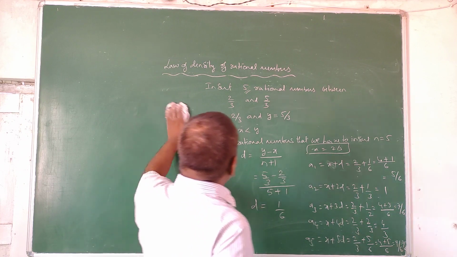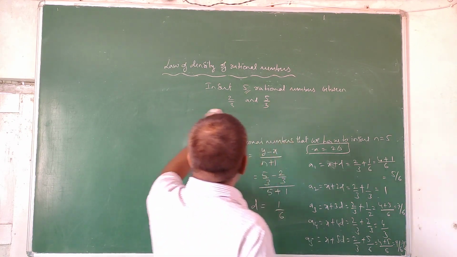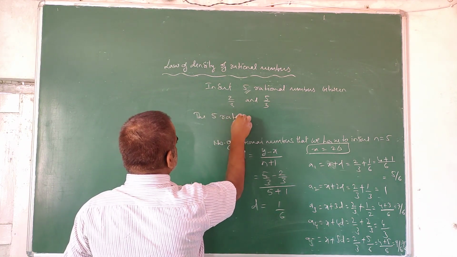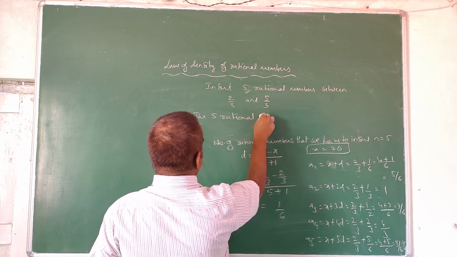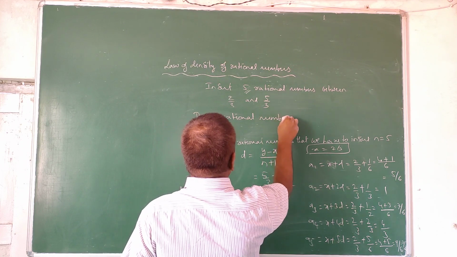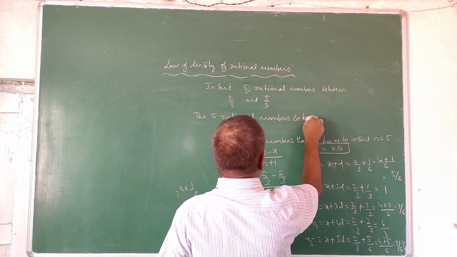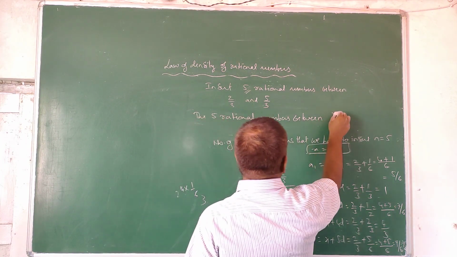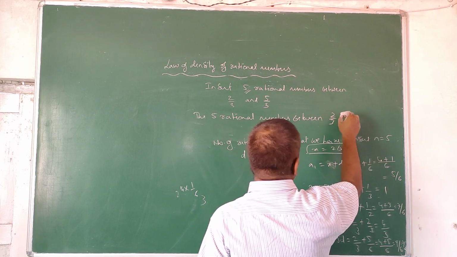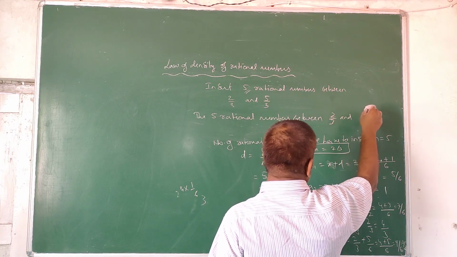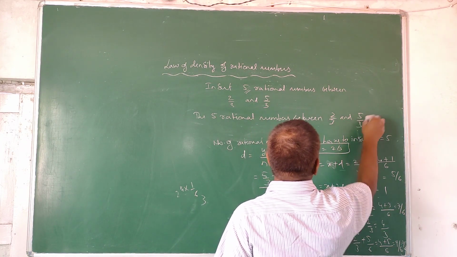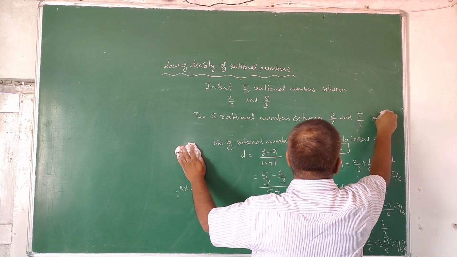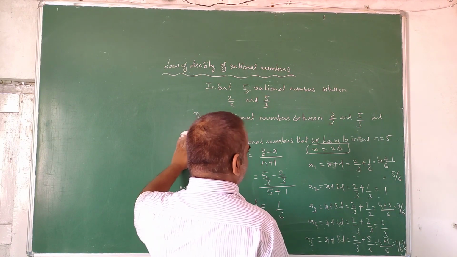Now, therefore, the 5 rational numbers between 2 by 3 and 5 by 3 are... come on, what are the 5 rational numbers?